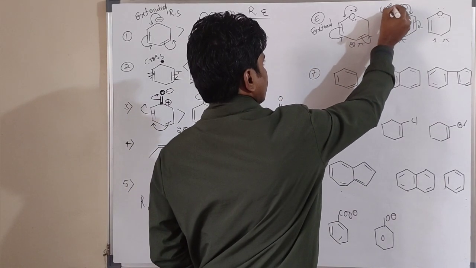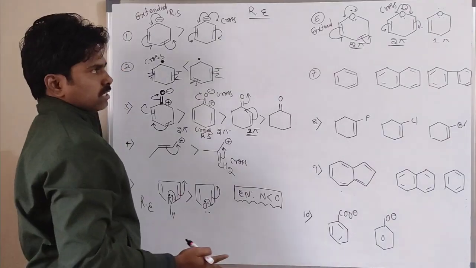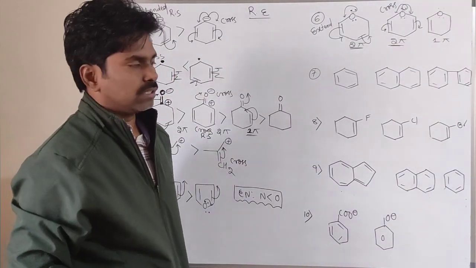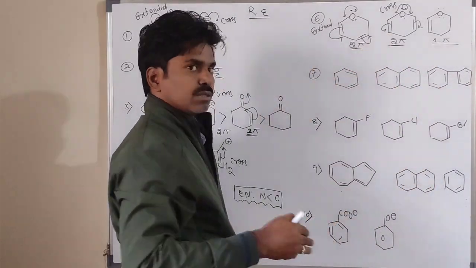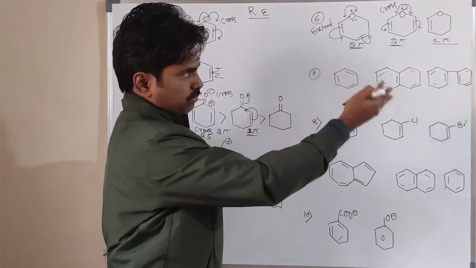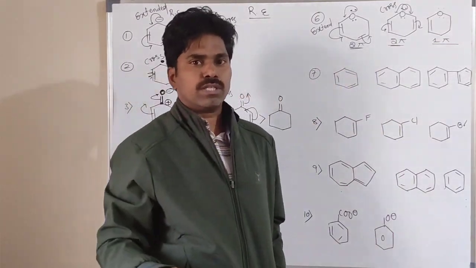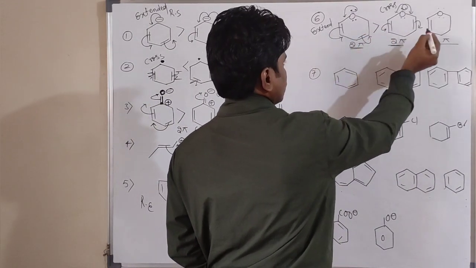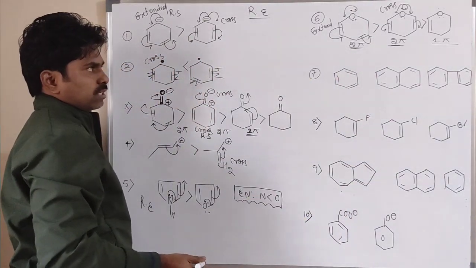This we call the cross. Here two pi bonds are involved in the conjugation, and in the second one also two pi bonds participate. Compared to the one pi bond, the resonance here is more because there are more pi bonds compared to the last one. So there is more resonance energy. Understood? Finally, extended resonance is greater than cross, compared to the one with a single pi bond.